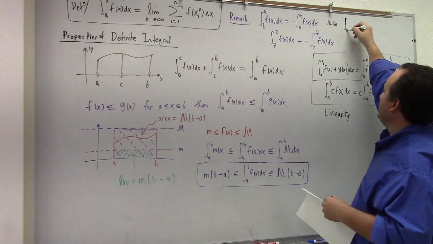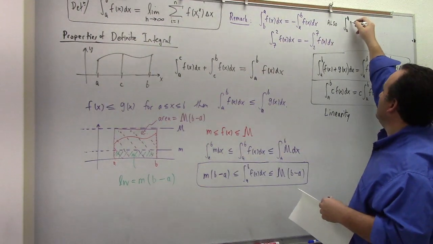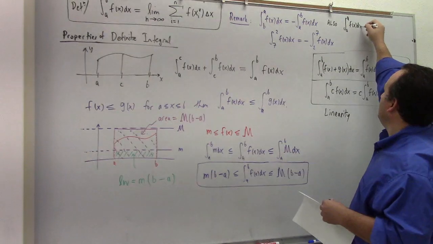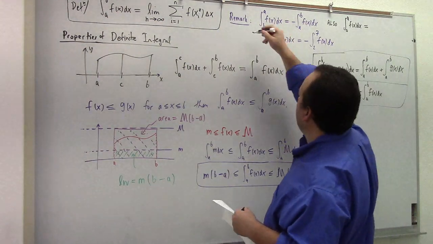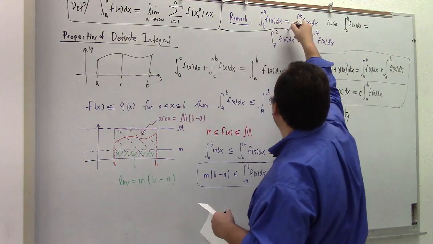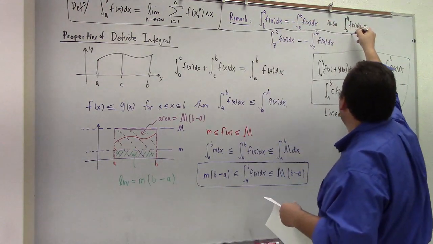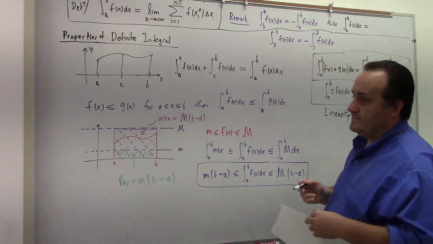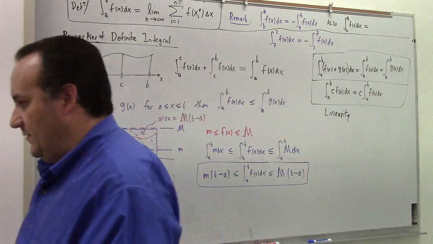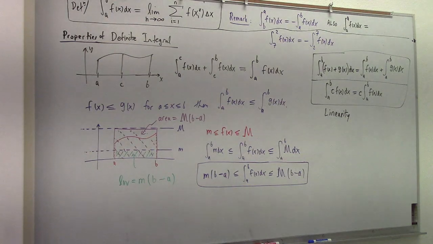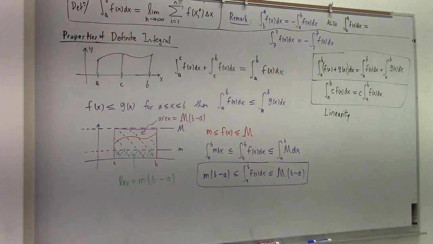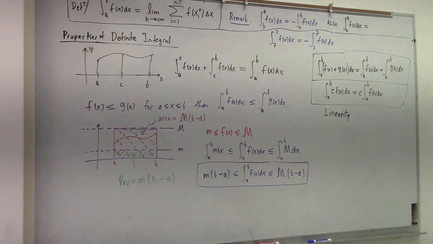What do you think the integral from a to a of f of x dx should be defined to be? So this stuff up here, this is all still part of the definition of Riemann integral at the top of the board. And if you want where that is in the notes, it's on page 210.